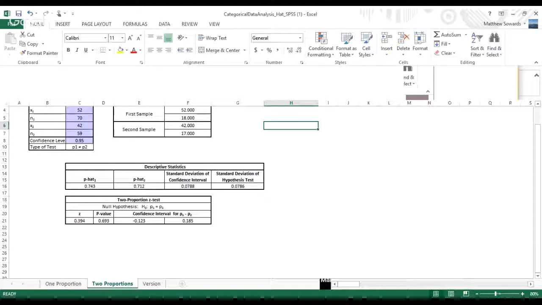The margin of error. So the point statistic is just p hat 1 minus p hat 2. Which number is that? That is number 6, the point estimate. So it is just 0.743 minus 0.712.